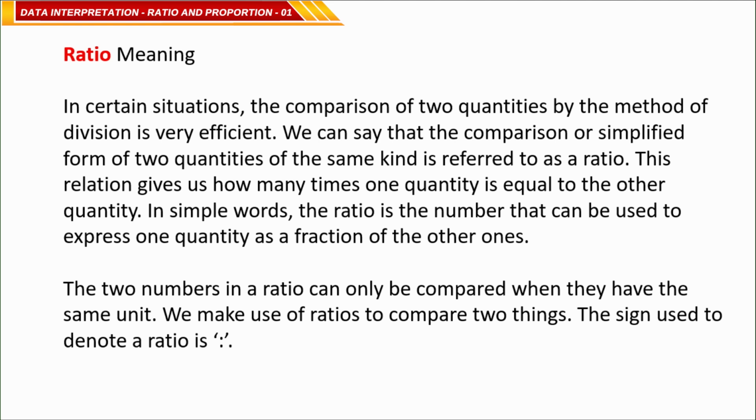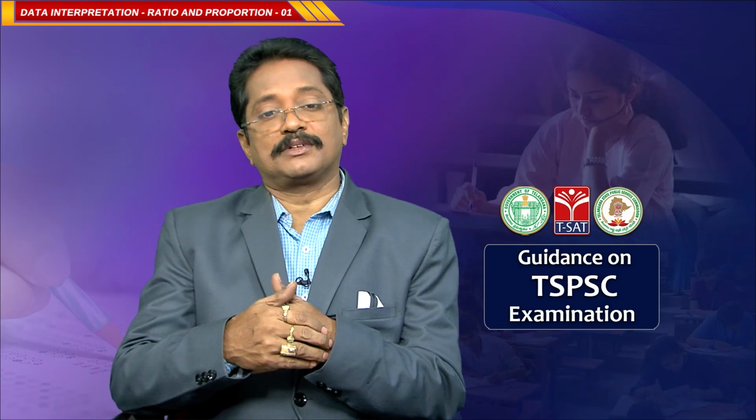For example, 30 minutes and 1 hour. 1 hour has 60 minutes, so 60 is twice 30 minutes. So we can say 1:2. Are you able to understand?